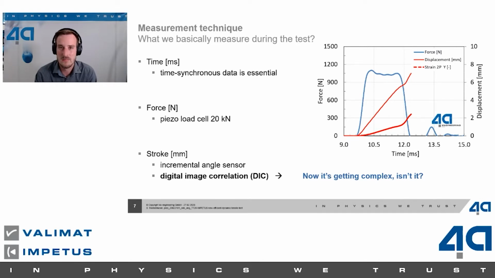And this could be very complex and quite difficult if you do not have a well-prepared system. And now I would like to show you on two other slides how we can handle this DIC system on our IMPETUS pendulum.